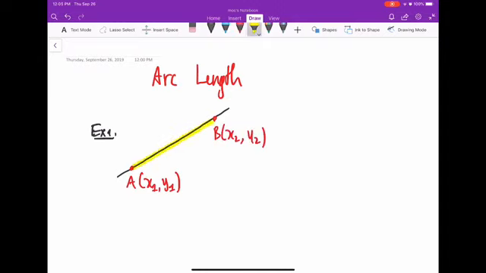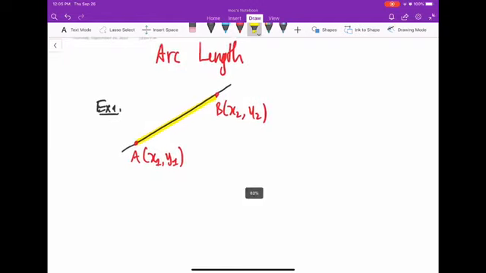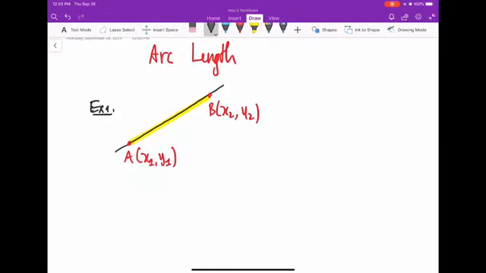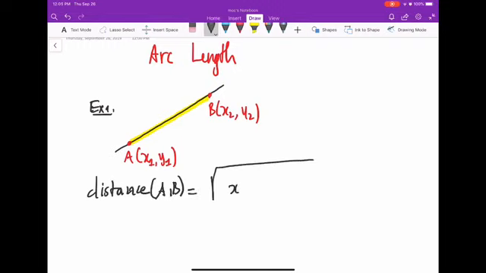Let's remind the formula of the distance between A and B. We should know that from pre-calculus or calculus 1 or even at high school. So the distance between A and B is the square root of (x2 minus x1) squared plus (y2 minus y1) squared.